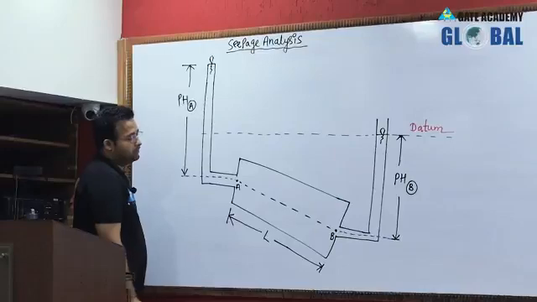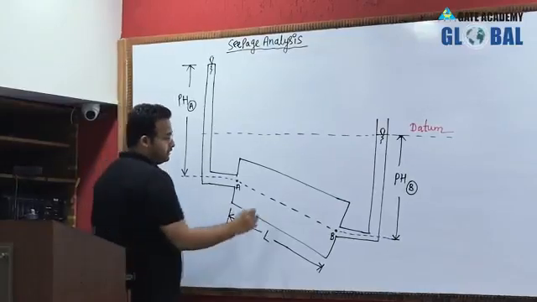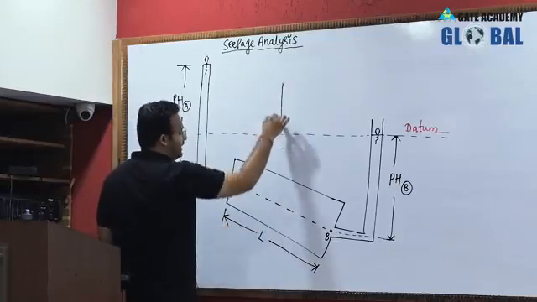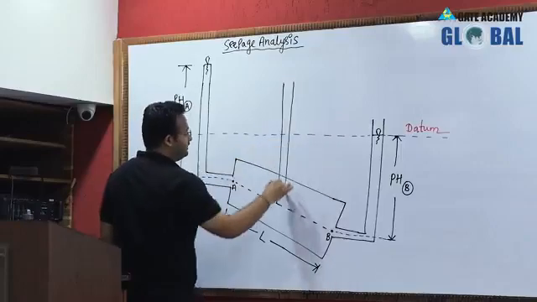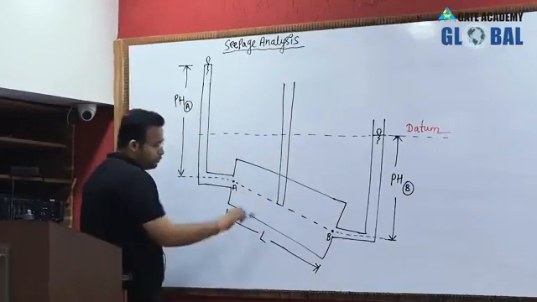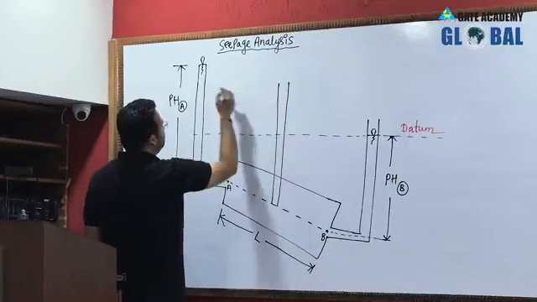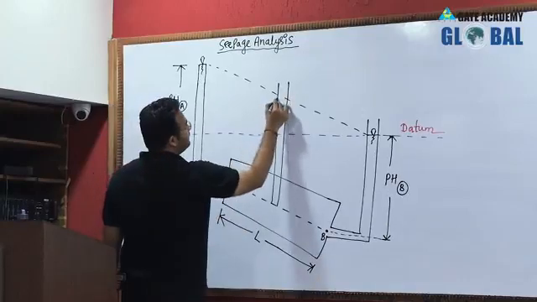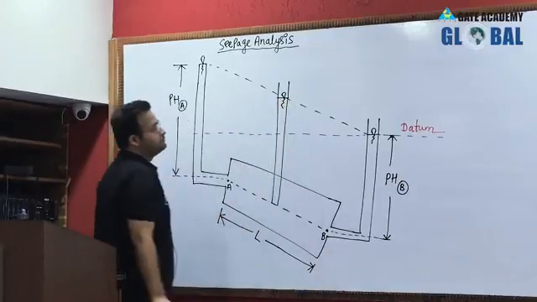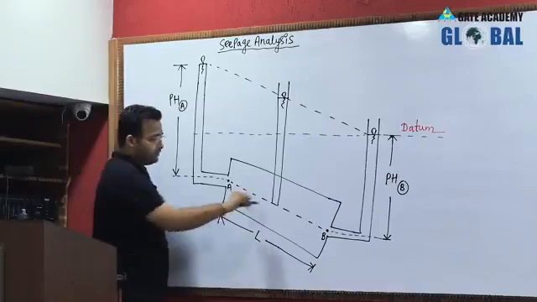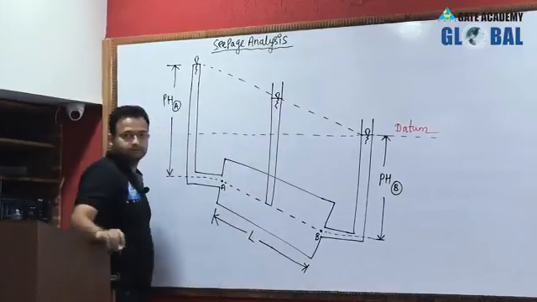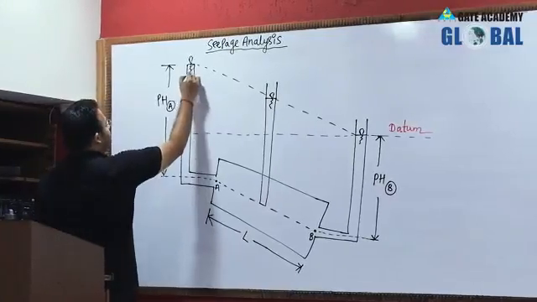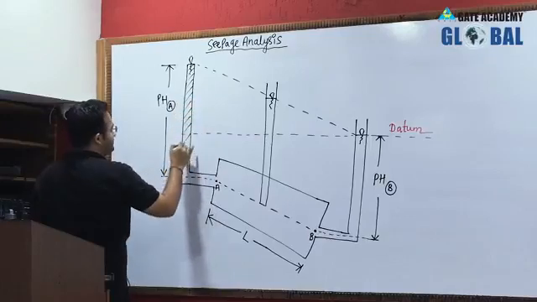Now if I insert one piezometer in between A and B, at any point, water will rise in this pattern, up to this height. If you want, I can hatch these tubes, meaning water is rising.